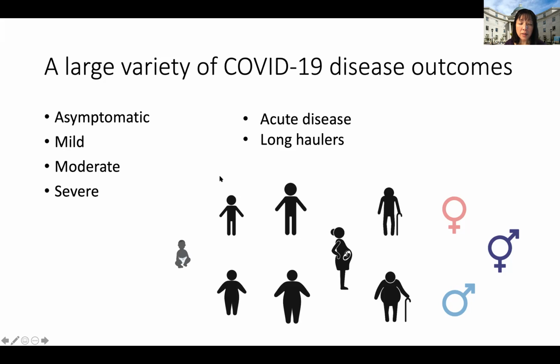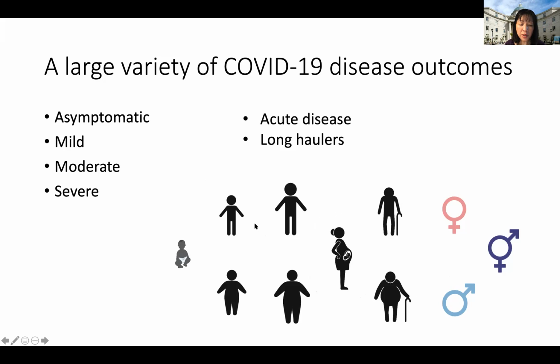So why does the outcome of COVID-19 differ so much between people? Obviously it has to do with the age of the individual, as well as the sex of the individual, as well as comorbidity, obesity, pregnancy status, and several other features that distinguish the outcome of this disease.